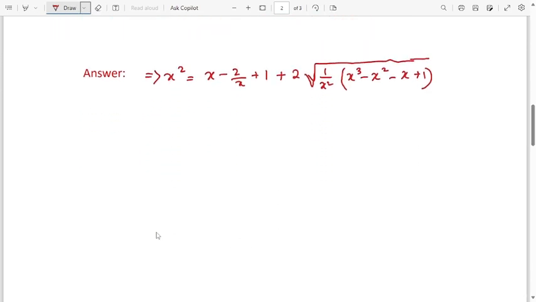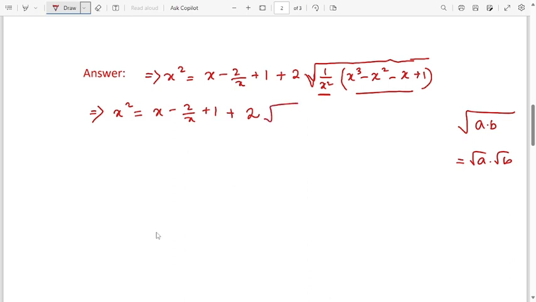So let me write the next. This will be x square is equal to x minus 2 by x plus 1 plus, now we know the formula that square root of a times b is always square root of a times square root of b. So similarly, this is a square root of 1 by x square times this one. So we can write 2 times square root of 1 by x square times square root of x cube minus x square minus x plus 1.